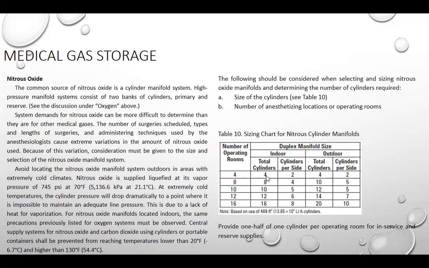So this means total cylinders per side. Here it says provide 1/2 of 1 cylinder per operating room for in-service and reserve supplies. So it is two, both sides: one reserve, two in-service.